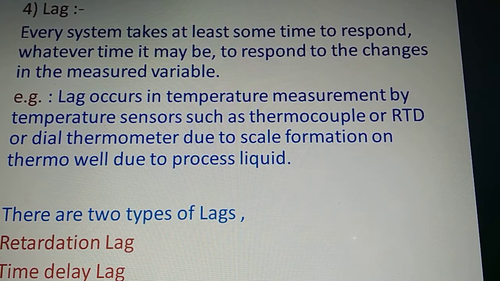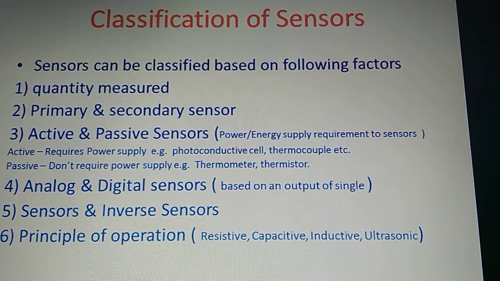For example, lag occurs in temperature measurement by temperature sensors such as thermocouples, RTDs or dial thermometers due to scale formation on the thermowell due to processed liquid. And these lags are of two types: a retardation lag or a time delay lag. I am not going into much detail of these types.